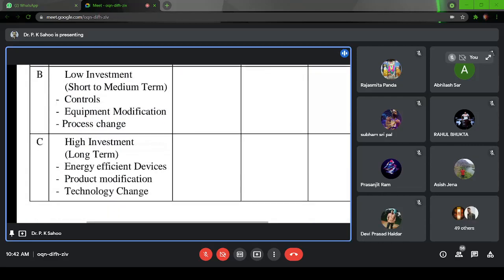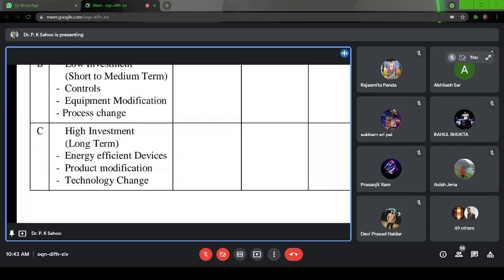The second one is low investment or short to medium term. In here, the number one is the controls, then the second one is the equipment modification, and the third one is the process change.